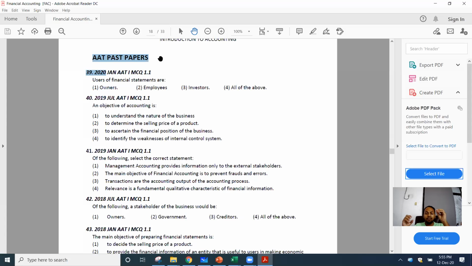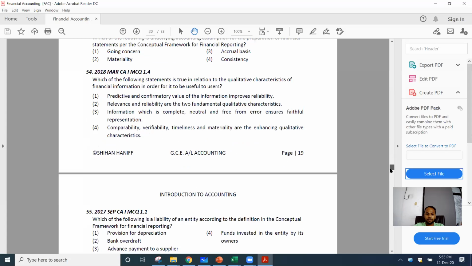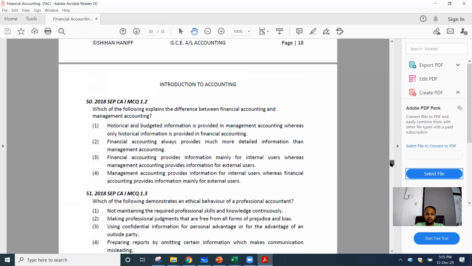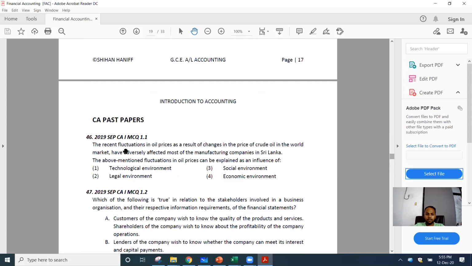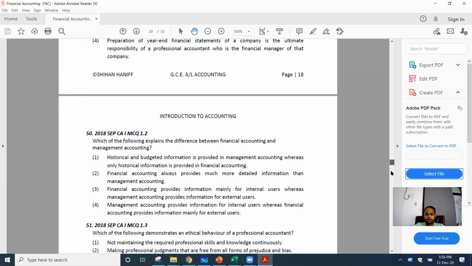So we will link these professional subjects into our syllabus, so it will be easy for you when you study further. And I also link some chartered questions, CA meaning chartered accountancy papers.